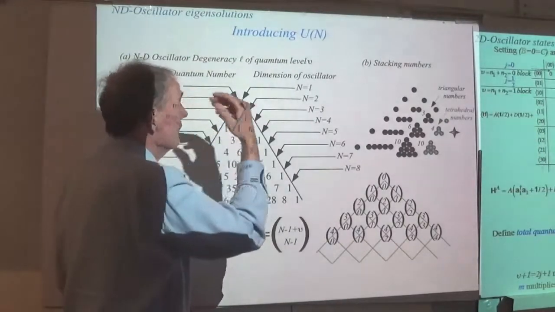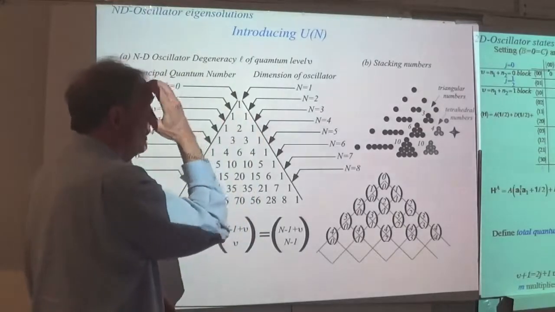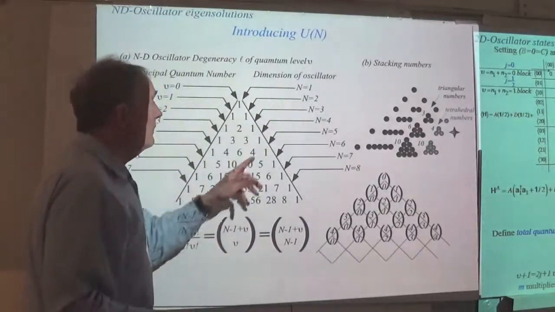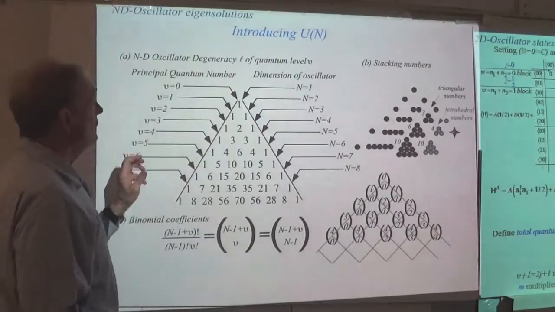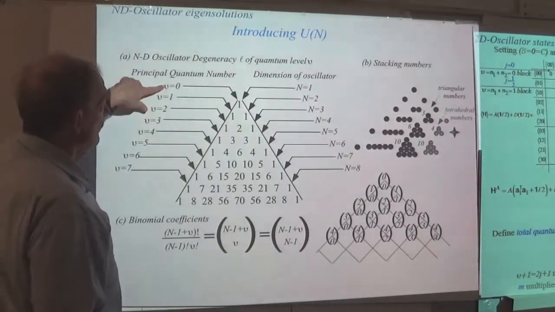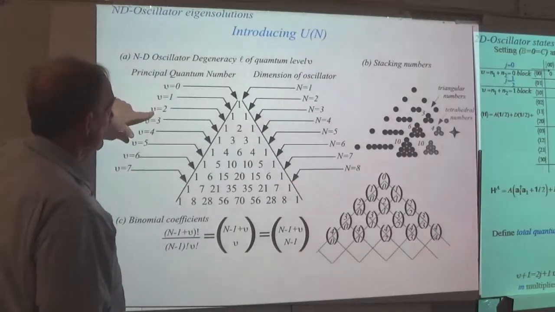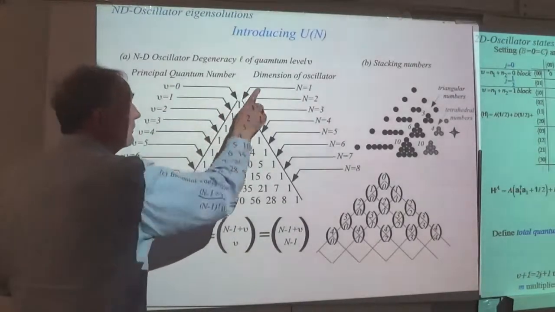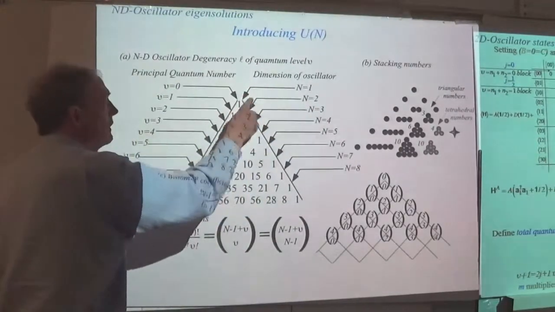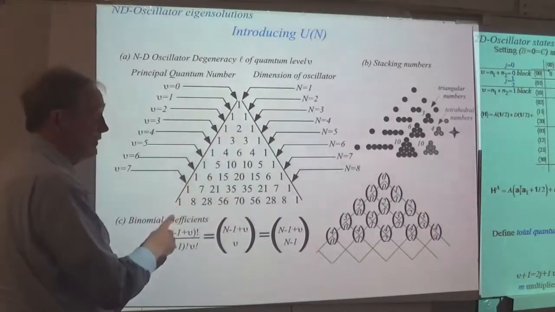Then today we quantized the n equal 2. And when we did that quantization, we discovered that the ground state, the fundamental, the second fundamental, and so forth, was a little bit more complicated than it was for a one-dimensional oscillator. With a one-dimensional oscillator, all of the excited states are one-dimensional.